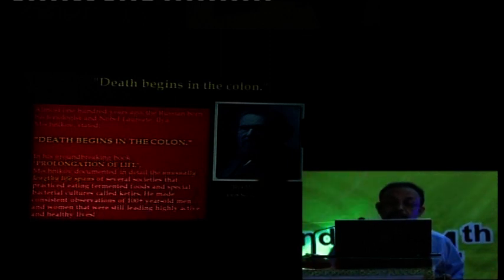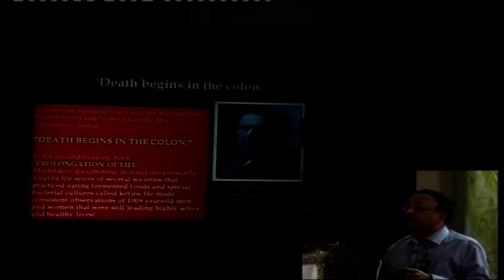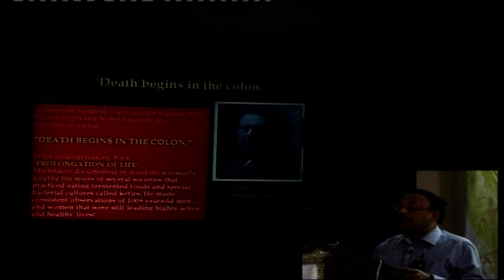He made the consistent observation that these people would live for 100 years or more, a healthy, active life. So he pointed out the importance of bacteria for longevity.